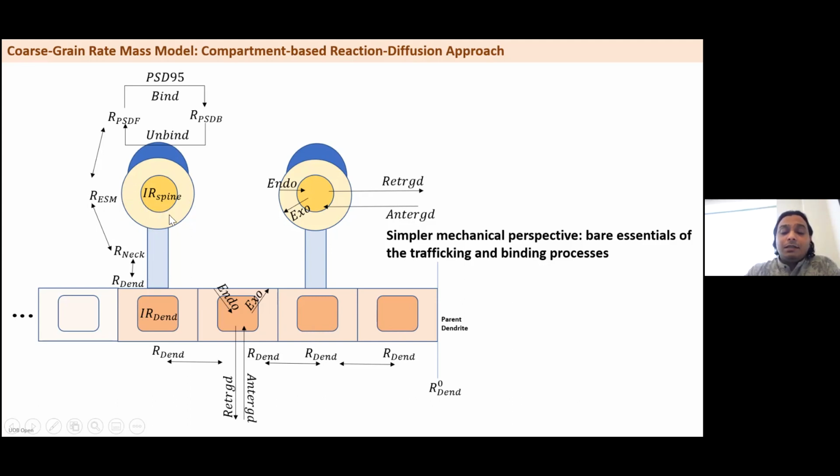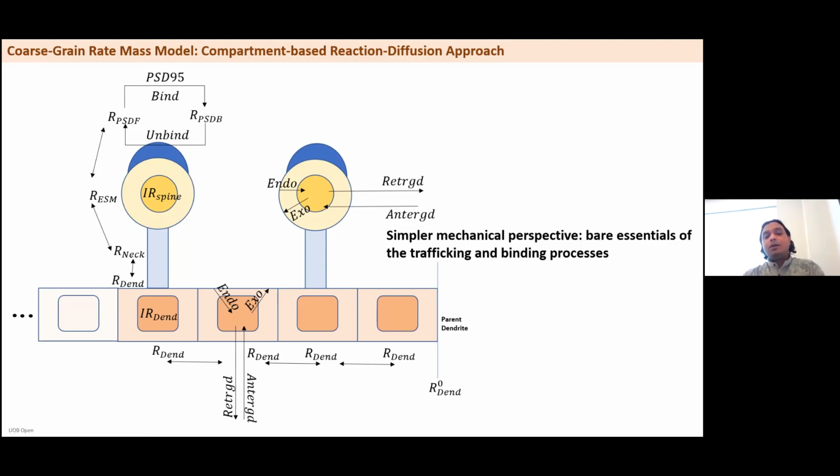The spine head also contains an intracellular receptor pool defined as IR spine, which shows a similar mechanism of endocytosis, exocytosis, retrograde, and anterograde transport. And the receptors in the postsynaptic density are divided into two subpools, the free receptor pool and the bound receptor pool, with an exchange between these two pools based on the density of the PSD95 slot proteins and the binding and unbinding parameters.